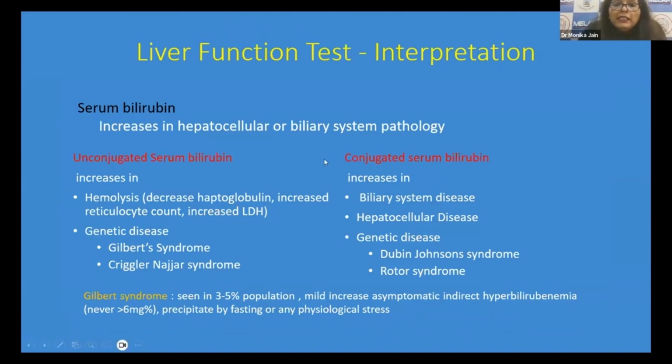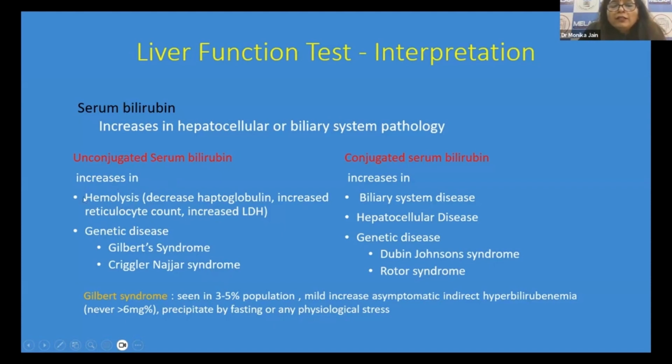Increased bilirubin shows that there is either hepatocellular injury or biliary system pathology. So for unconjugated serum bilirubin, we have seen where all we can have an increase in the unconjugated fraction. One is hemolysis, because more RBCs are broken, so that causes more unconjugated serum bilirubin, which is high.